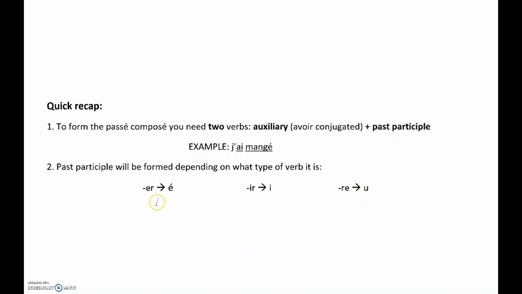So if we're dealing with an ER verb, the ending will just change to E with an accent. If you're dealing with an IR verb, that'll just change to an I. And if you're dealing with an RE verb, that will just change to U. Okay, so if this makes sense to you right now, if you're feeling okay with this, then you're in good standing. So let me just add a little bit more into the mix for you.